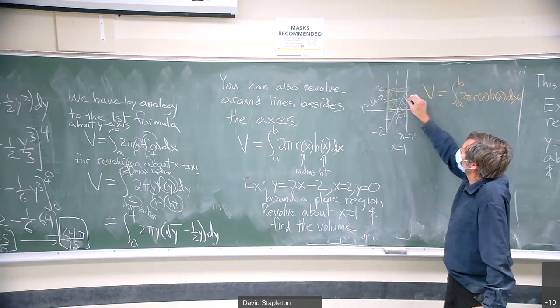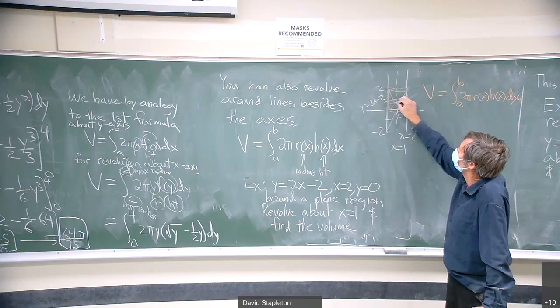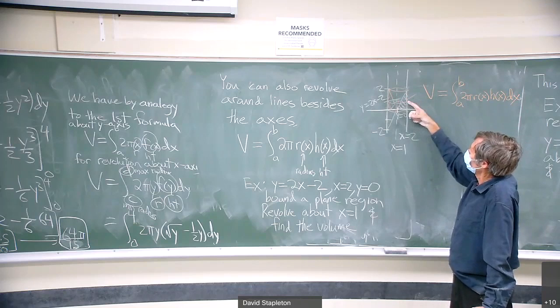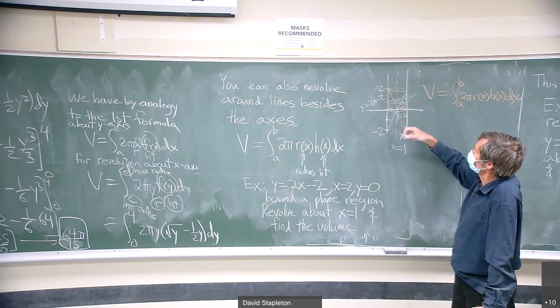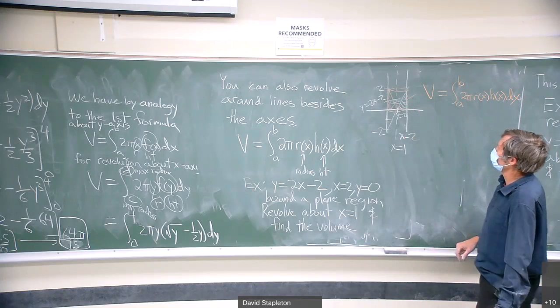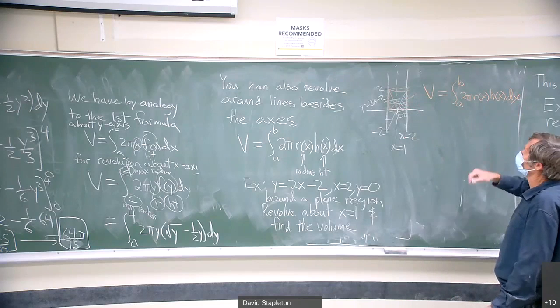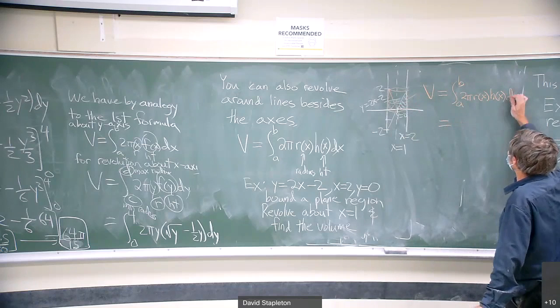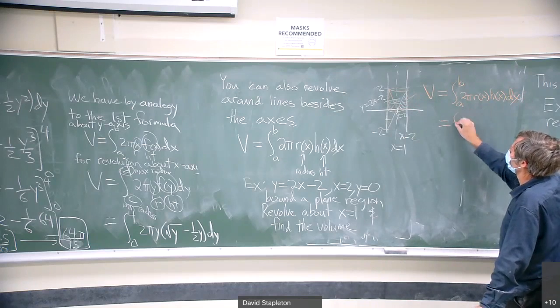If you use washers, you take the washers this way and do an integral with respect to y, right? Pi outer radius squared as a function of y minus inner radius squared as a function of y. So this gives you an integral with respect to x if discs and washers use y, and an integral with respect to y if discs and washers use x, which is one of the reasons it often gives you a formula that maybe you can integrate when the other one doesn't.